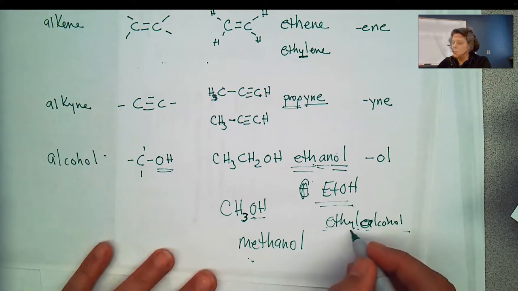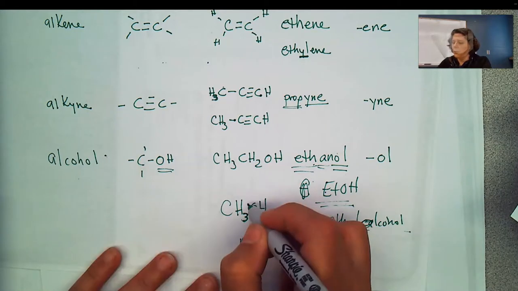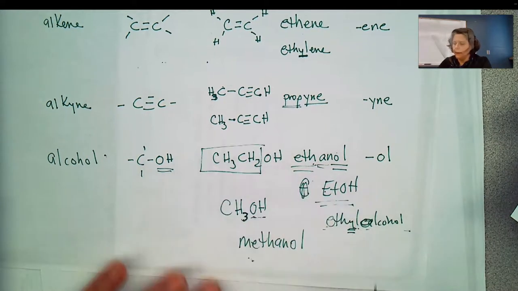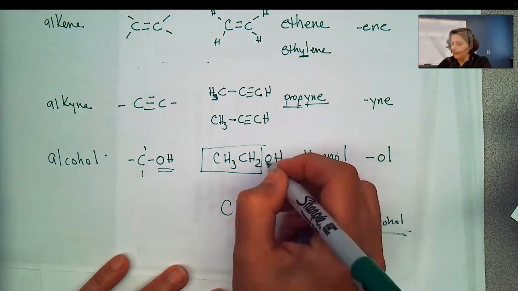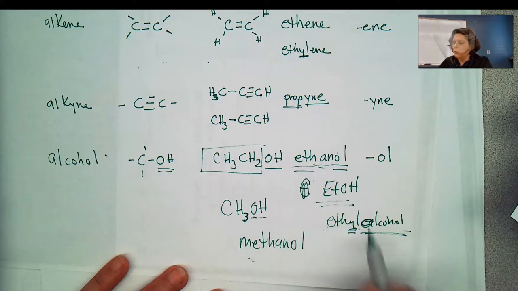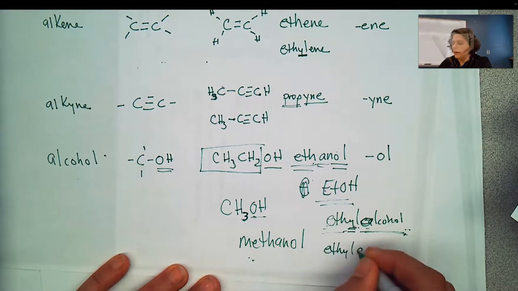Now, if you see this little YL here, and you saw it up here too, it means that it's 2 carbons stuck onto our functional group, which is an alcohol here. So you can write it as ethanol, or you can write it as ethyl alcohol.